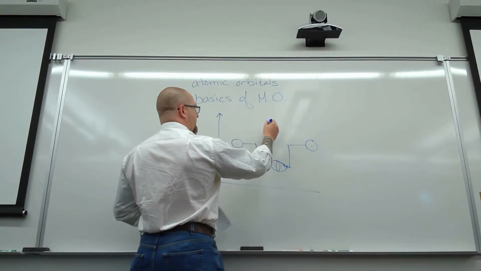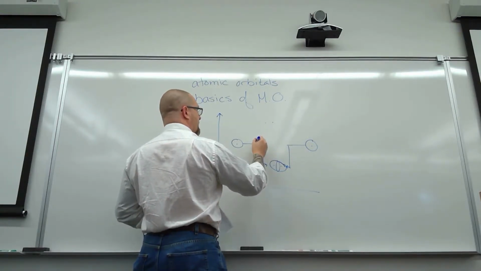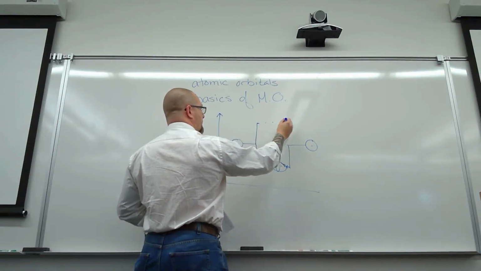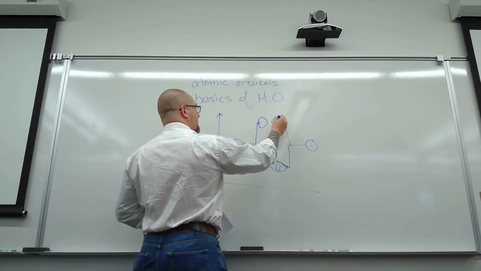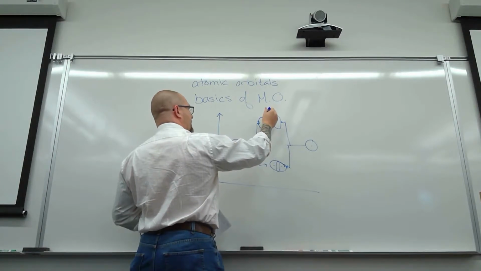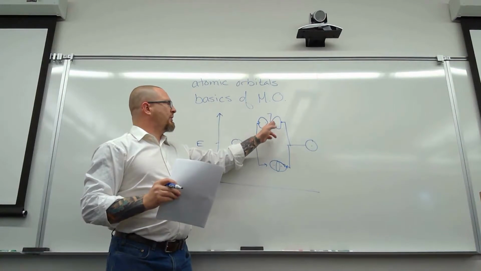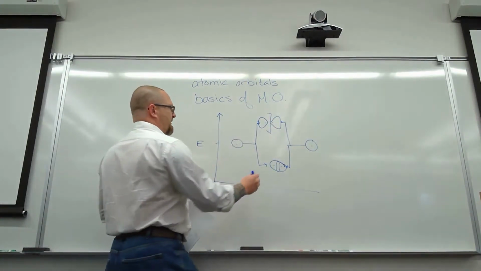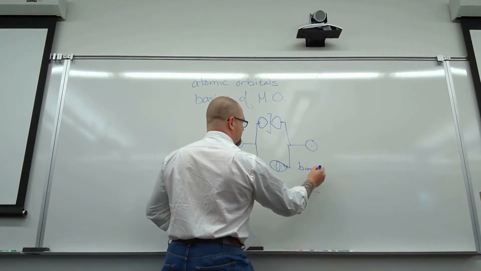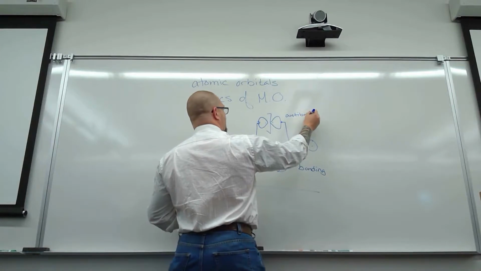And there's going to be a higher energy orbital where the electrons actually have a strong planar node, and the electrons are getting pushed away from one another. And this is our bonding orbital, and this is our antibonding.